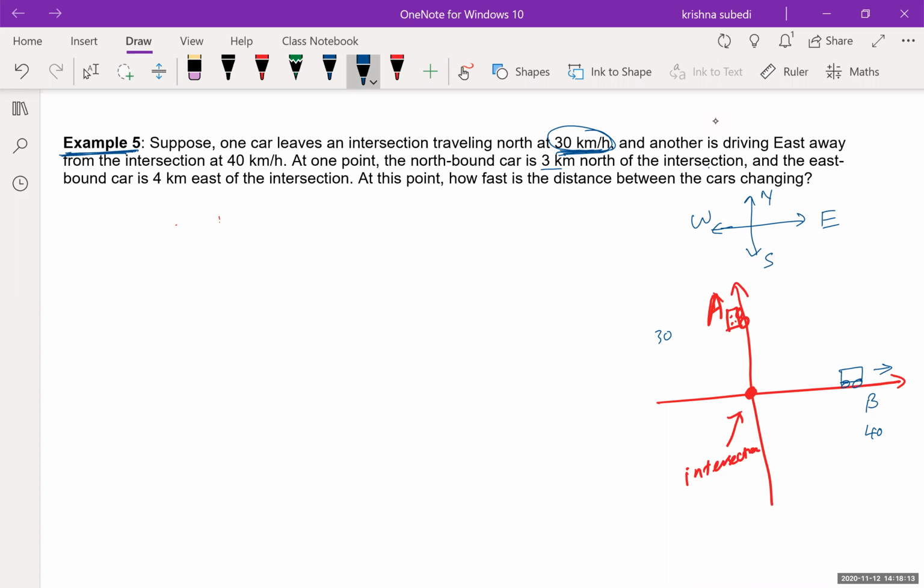Let us suppose that this is our x and this is our y, because both are variables. As car A travels north, the value of y is changing, so it's variable. As car B travels east, the x value changes. It's another variable. So we can write dy over dt equals 30 and dx over dt equals 40. This is given.